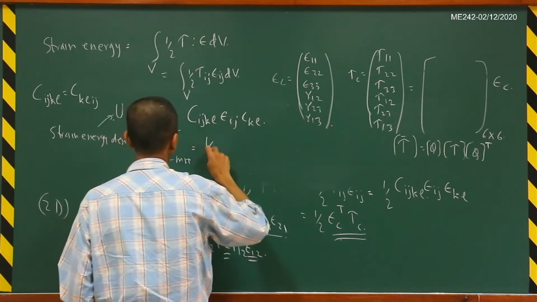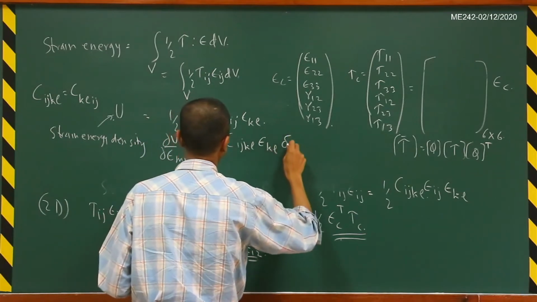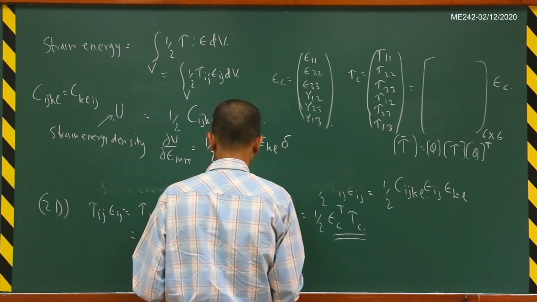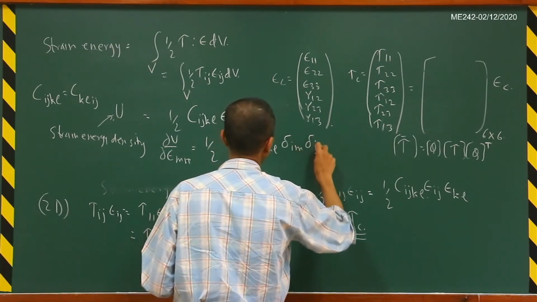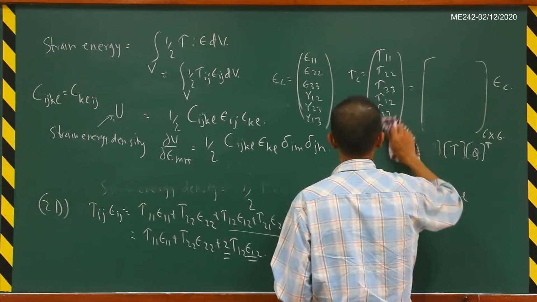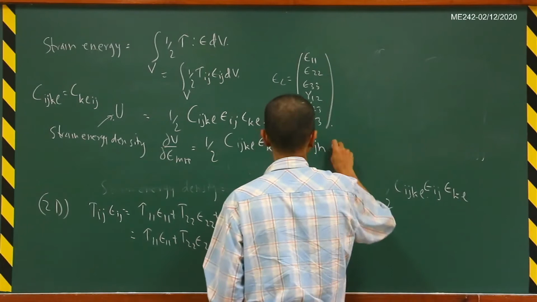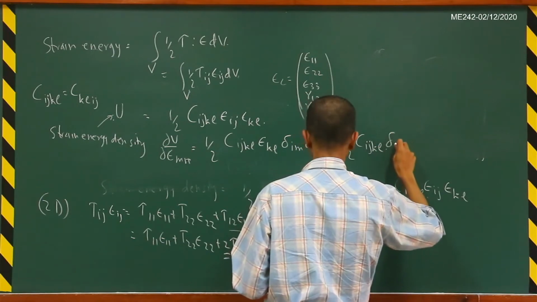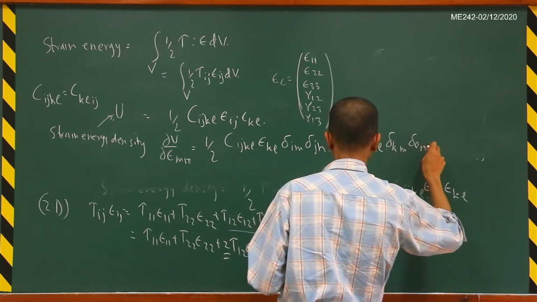so that is half of C_ijkl epsilon_kl delta_im delta_jn plus half of C_ijkl times delta_km delta_ln times epsilon_ij.